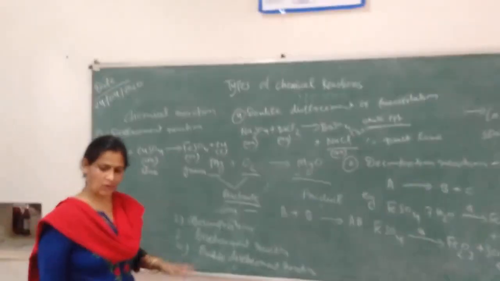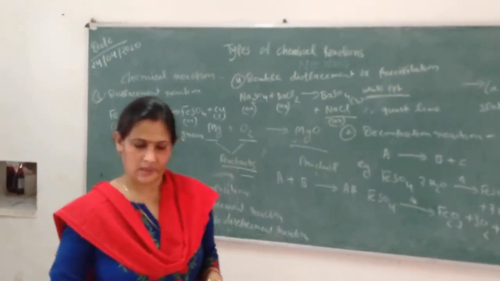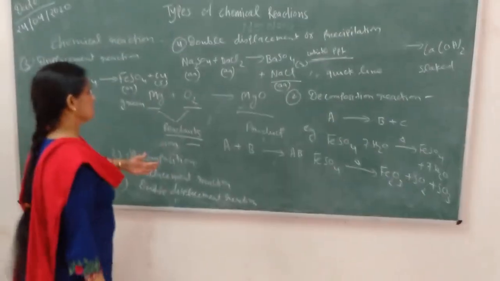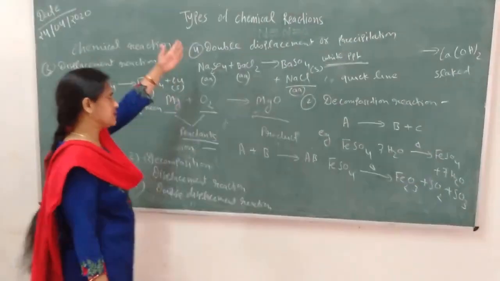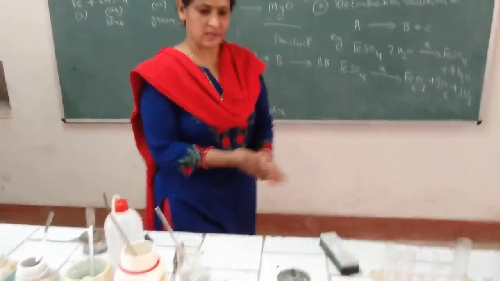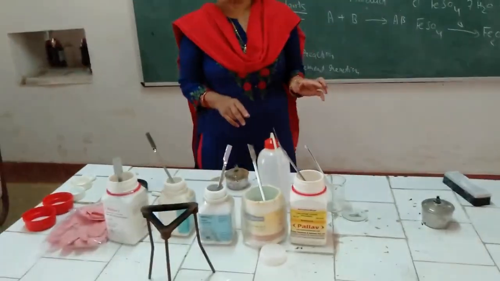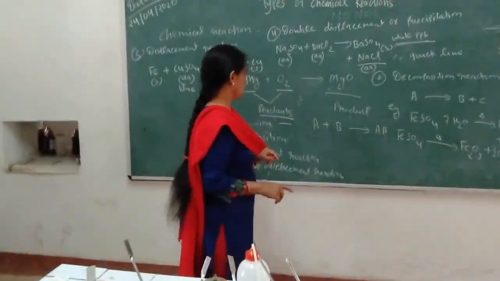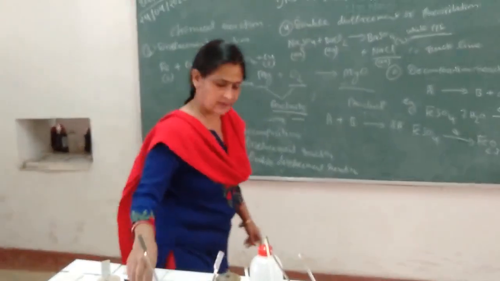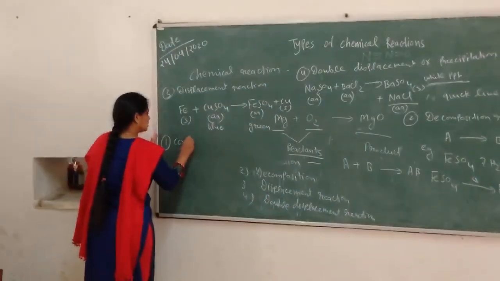Okay. Now I am going to perform all these types of reaction by doing experiments. First I am going to perform the experiment for which reaction? The first reaction, that is combination reaction.